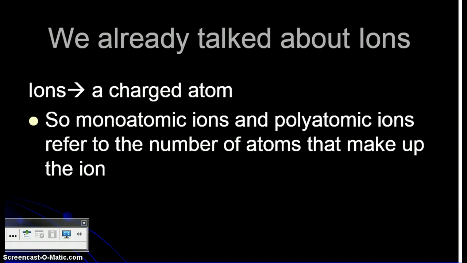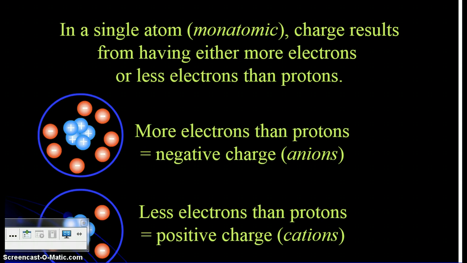So when we're talking about a monoatomic ion versus a polyatomic ion, we're basically talking about the number of atoms that carry a charge. In a monoatomic ion, you have a single atom, and the charge is made because you have either more or fewer electrons than you do protons.